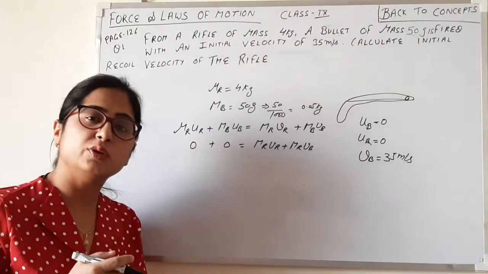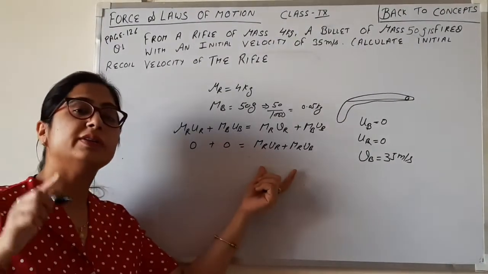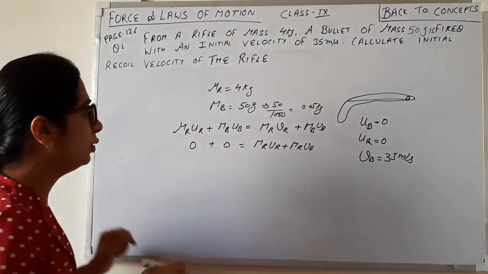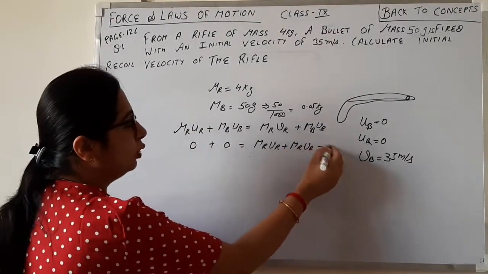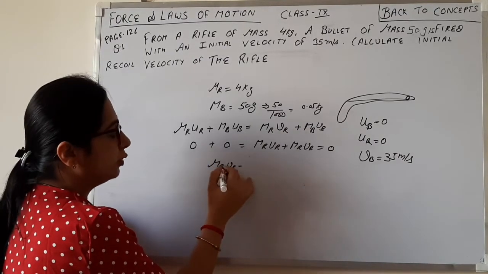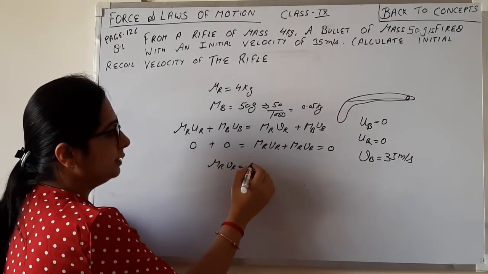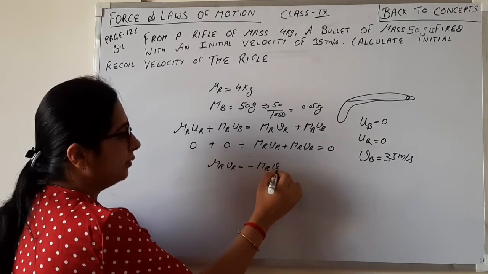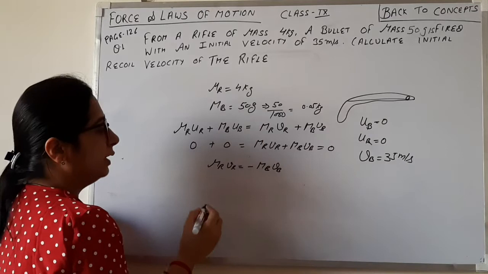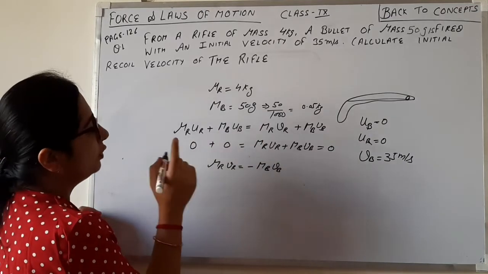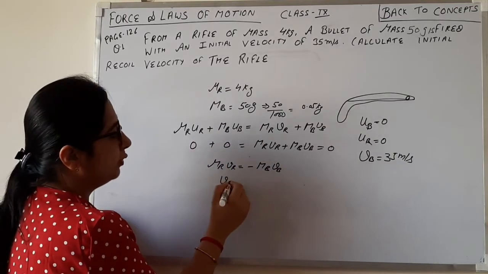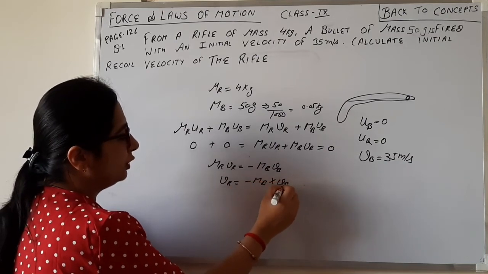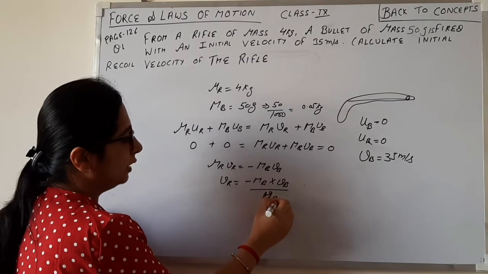So what's the conclusion here? The conclusion is this: final momentum must be 0. So if final momentum is also 0, then MR VR is equal to minus MB VB. Okay, so we have to calculate the velocity of the rifle. Velocity of rifle is equal to minus mass of bullet times velocity of bullet upon mass of rifle.